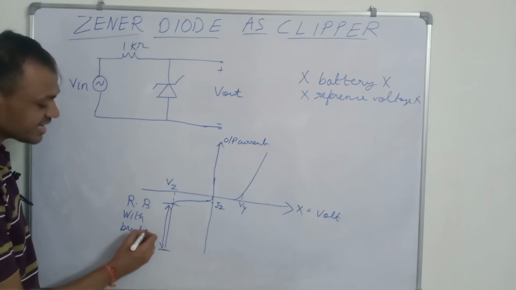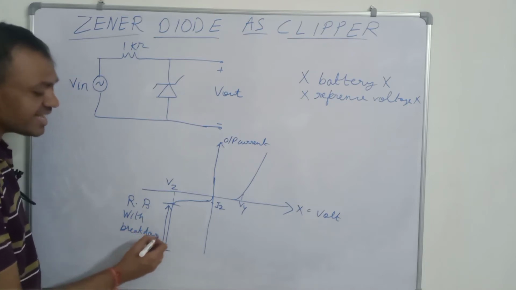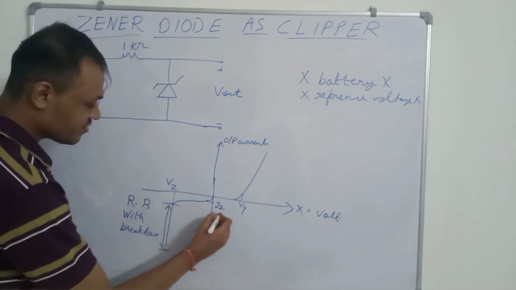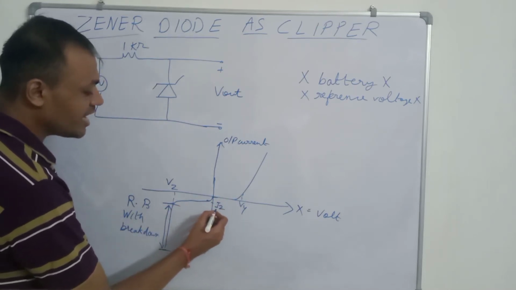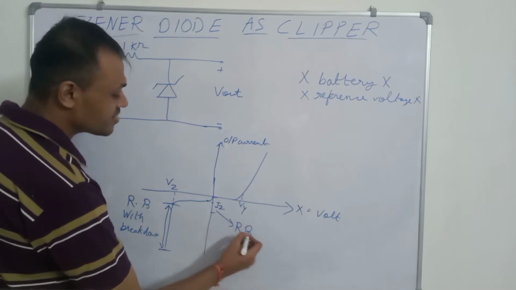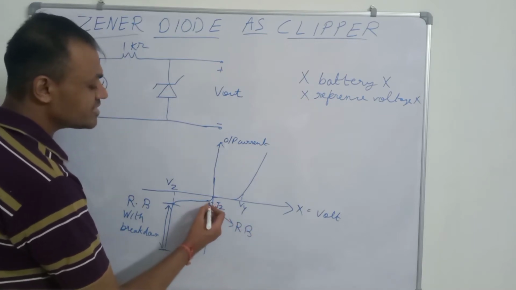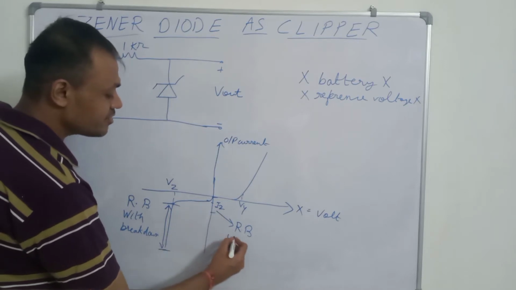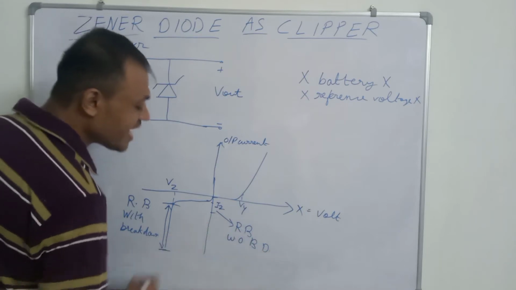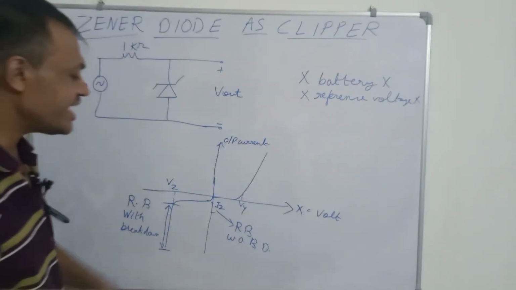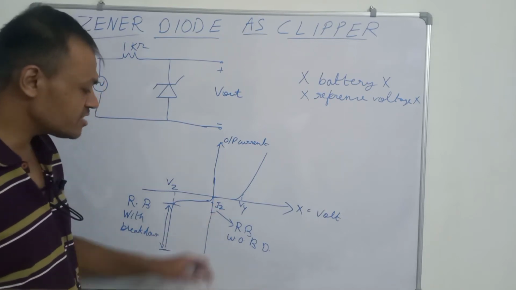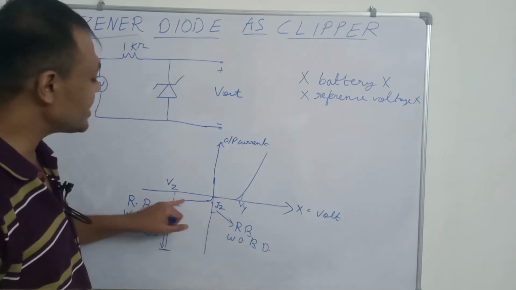In this region the current increases suddenly and abruptly to a very high value. And this region from here to here is called reverse bias without breakdown, because in this region the reverse current is constant and a small value. So in reverse bias without breakdown, the reverse Zener current is almost constant and very small.